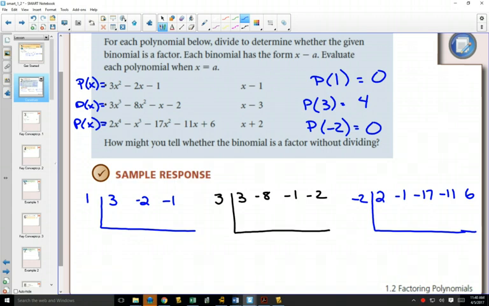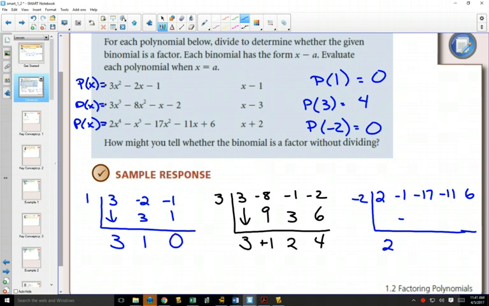If you'd like to check your synthetic division, here's the answer for the first one. Here's the results for the second one. And the third one.